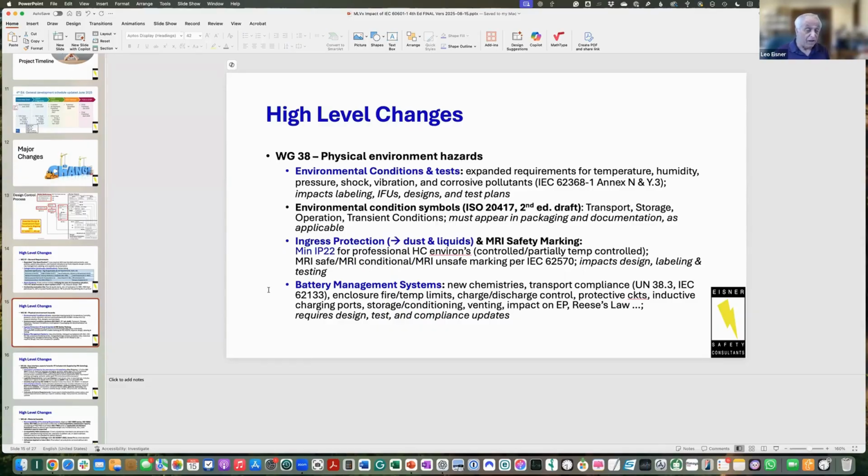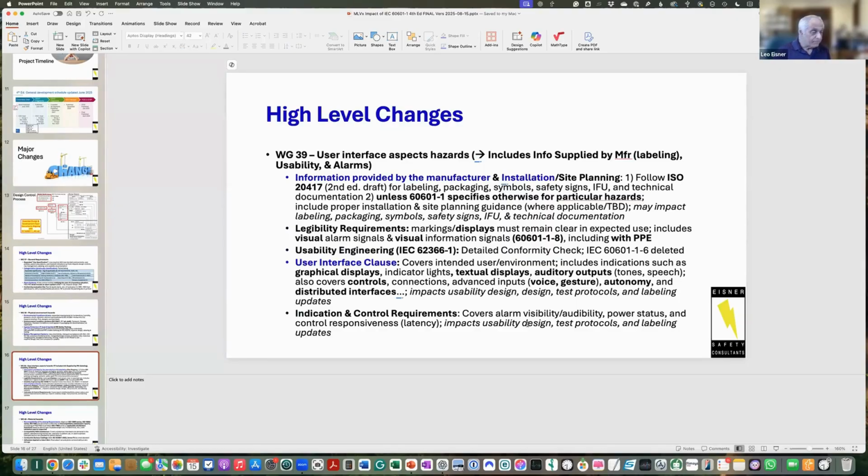That's an impact on design. Battery management systems, the requirements, this list is huge, these changes they're considering. So you're talking design, test, labeling, etc. User interface aspects, you're talking labeling, usability, and alarms. It's a massive section.